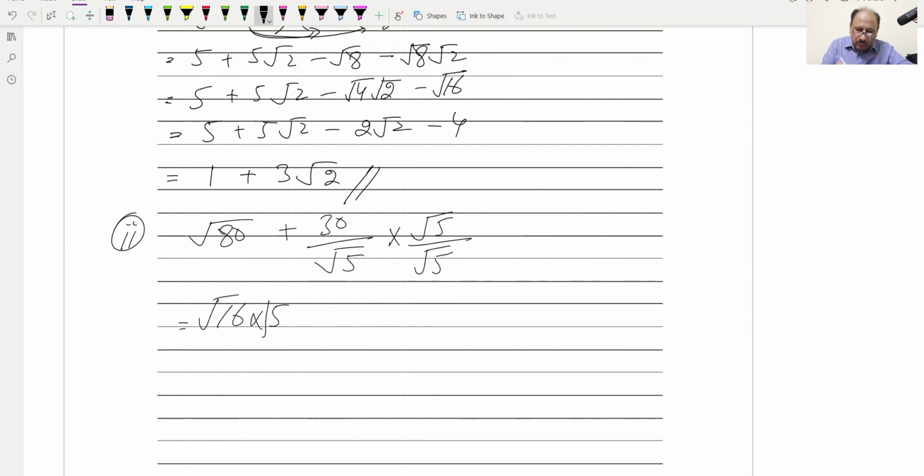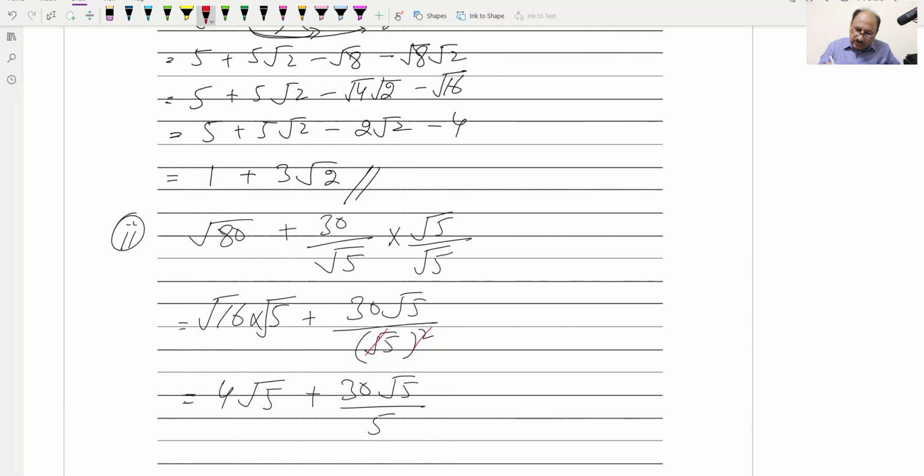So 16 under root and 5 under root, and plus this will be 30 under root 5 over 5 under root 5. The square and square root will be cancelled, and our term will be 16 under root, meaning 4 under root 5, and plus 30 under root 5 over 5.